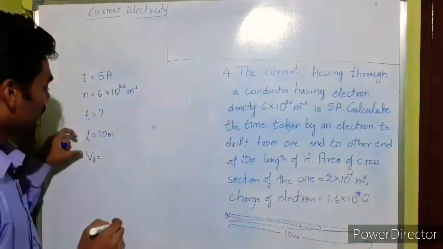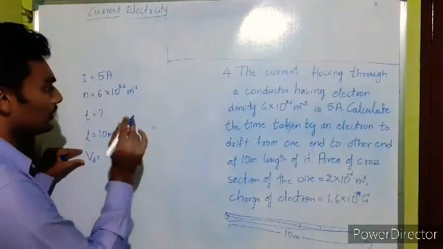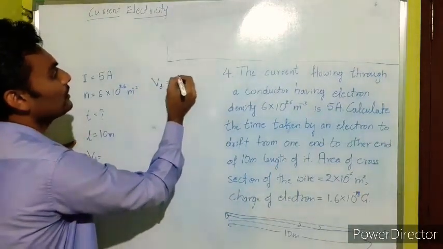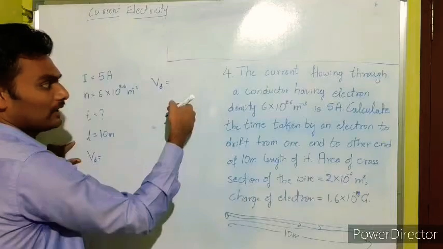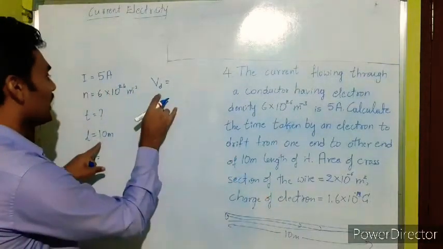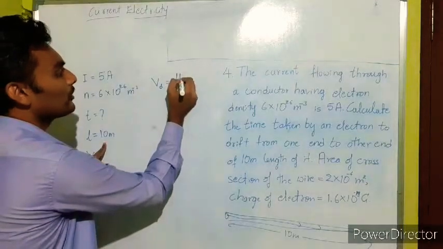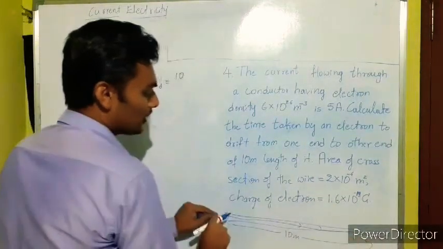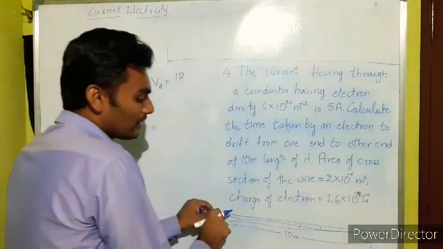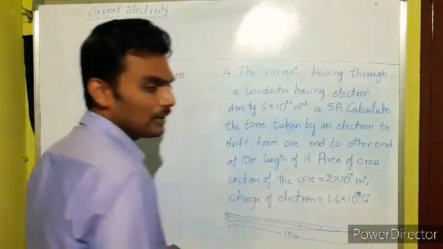Now see, using the simple mechanical equation, velocity is equal to distance traveled by time, or displacement by time. What is the displacement happening here? Displacement is equal to the length of the conductor, 10 meter, and that length itself is the distance which has to be traveled by the electron.